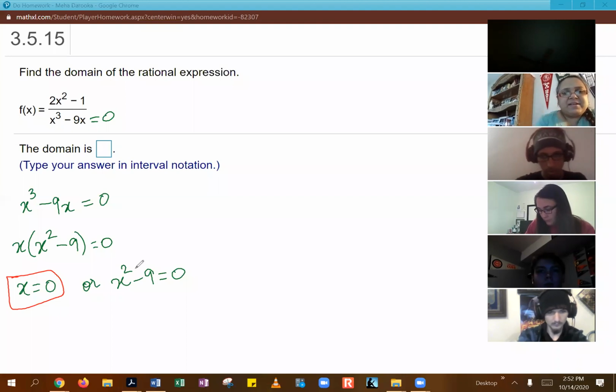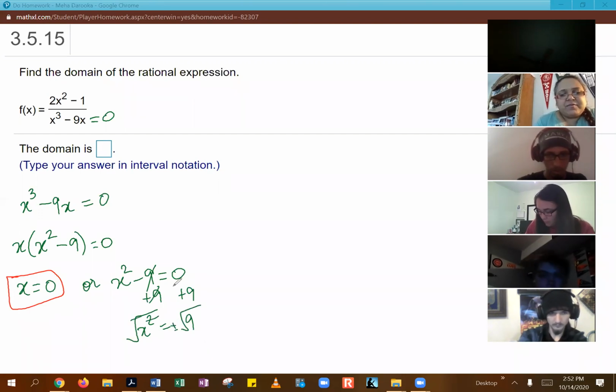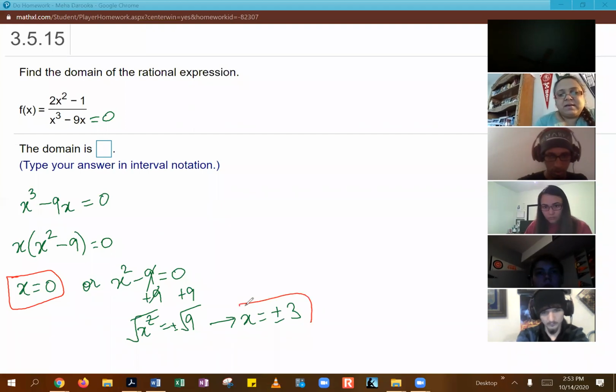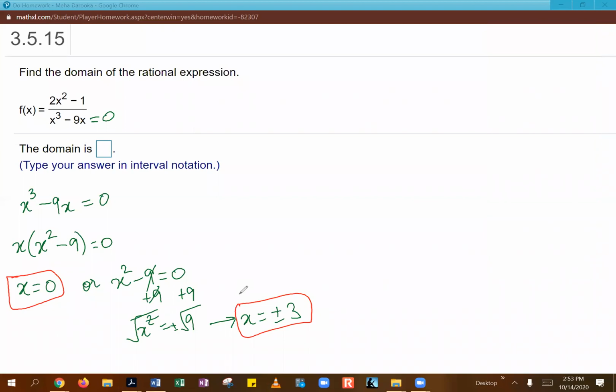With the second factor, x squared minus 9, just solve it either by factoring or square root property. And we will, of course, end up getting plus or minus square root of 9, which will come out to be x equals plus or minus 3. So 3 numbers that we cannot use in here.